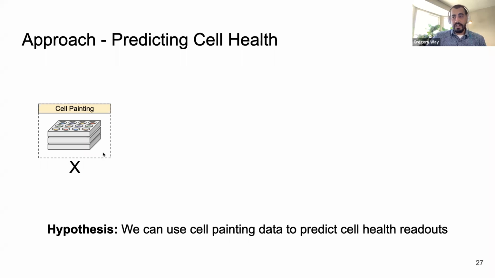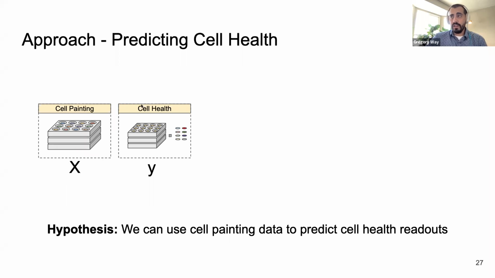To make what I said more concrete, we use the cell painting data as our X matrix. We use our cell health readouts, which are more targeted readouts, plus Masha's semi-automatic gating strategies as our Y matrix. We fit regression models, so these are logistic regression models.